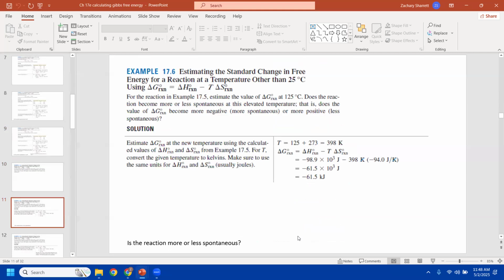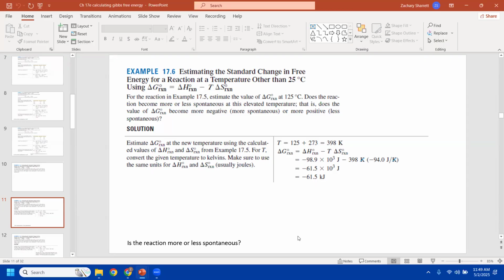Here's another one doing the same thing. You would find delta G. So in this problem, for this reaction, estimate the value of delta G at 125 degrees. Does the reaction become more or less spontaneous at this elevated temperature? What they're saying is, does the value of delta G become more negative, which would mean it's more spontaneous and wants to happen even more on its own?